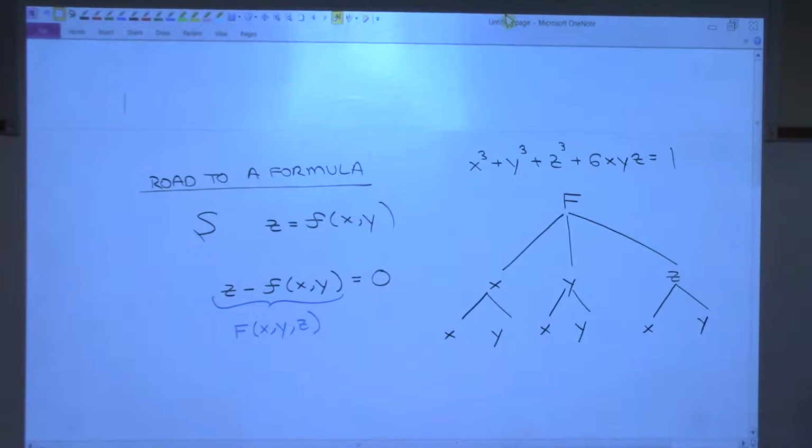What derivatives are possible here? So tell me what derivatives would be possible in this tree.